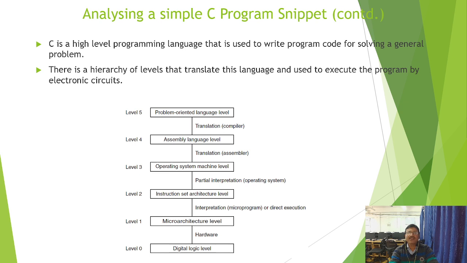This compiler translates the high level programming language into assembly language, and this assembly language is then translated by the assembler, which gets the assembly language code and translates it to binary codes.